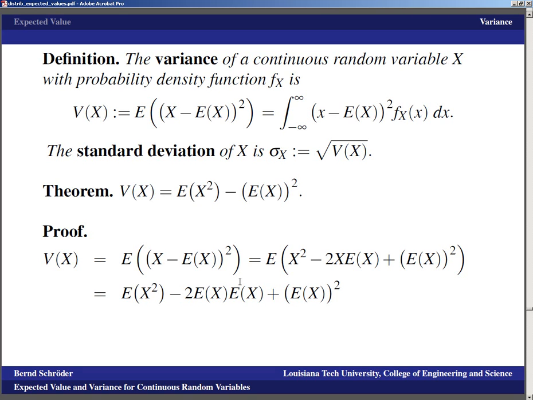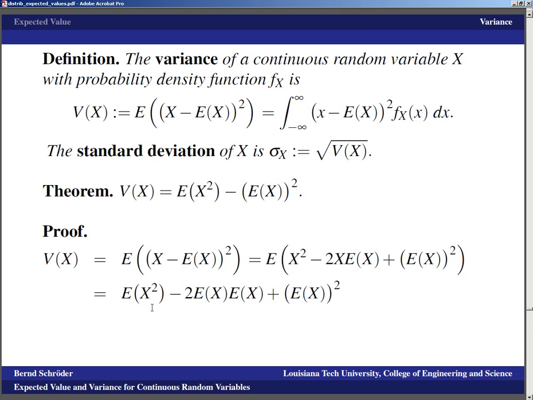So this becomes the expected value of x squared minus 2 e of x, well, that's basically this 2 and this e of x here, right? And what remains is the expected value of x. And then the expected value of a constant is just the constant.